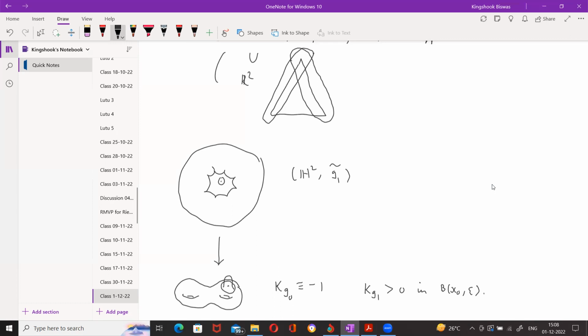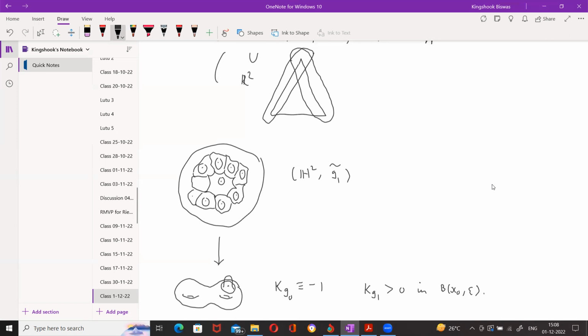You have the tiling here by octagons. I'm just drawing a very rough thing. This is the universal cover. So in each fundamental domain, you'll have a point of positive curvature. So there will be lots of points of positive curvature.